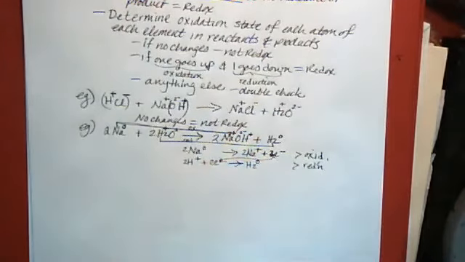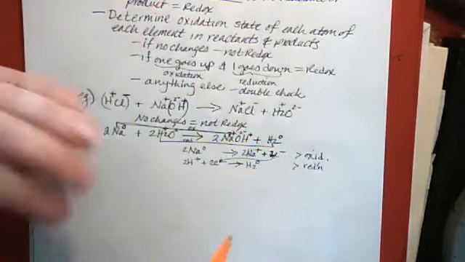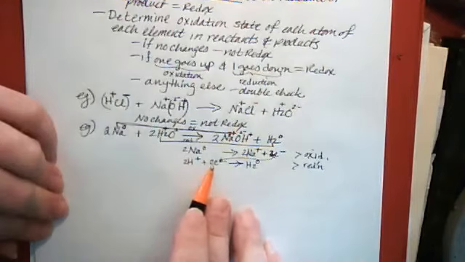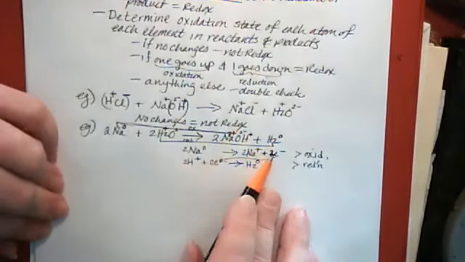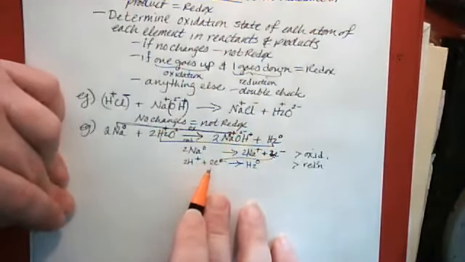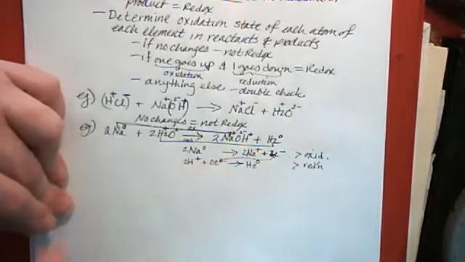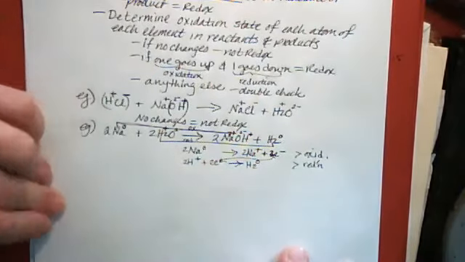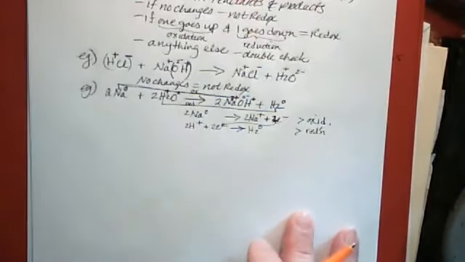So again, this is a reason why oxidation and reduction always occur together. It's because hydrogen cannot take in those 2 electrons until sodium gives them up. Sodium's not going to give them up until something like hydrogen is there ready to take them in. And so it's the same electrons that are causing the oxidation and the reduction.